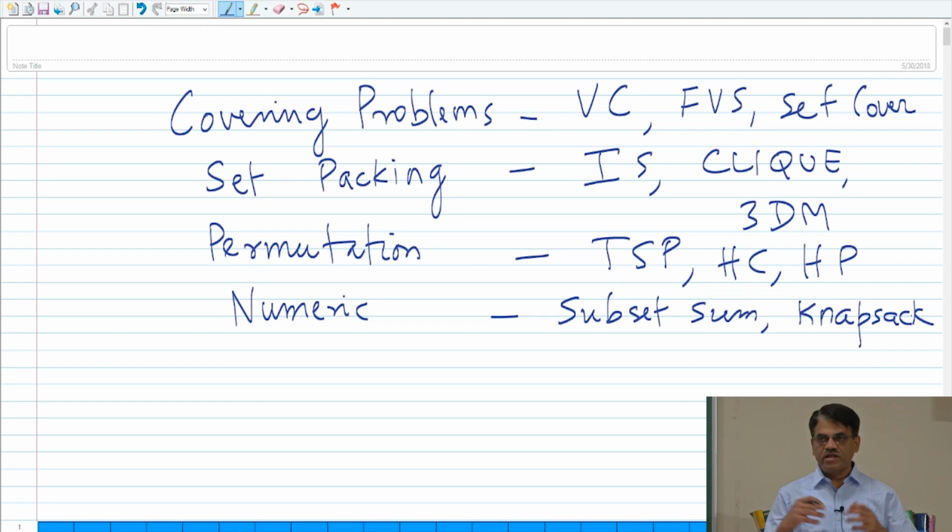But after that, this area opened up, and now there are literally hundreds of problems which are NP complete in many different areas: geometry, algebra, various kinds of areas where there are problems which are hard. This is just a sample of some problems we have seen, and some more in your problem sheet.